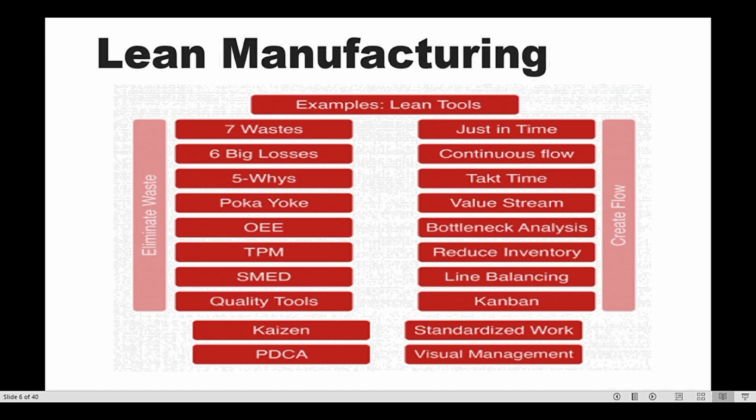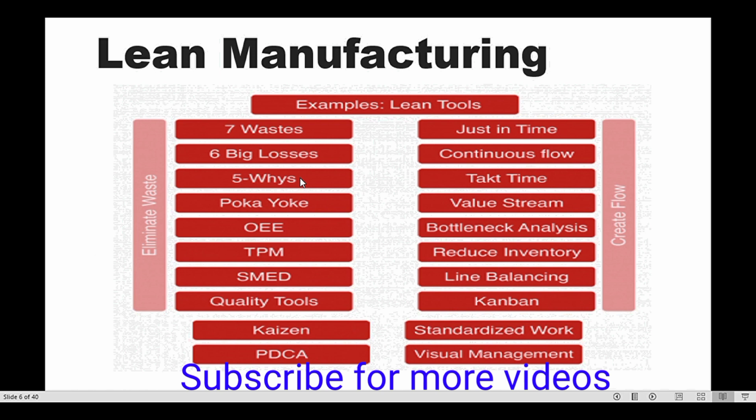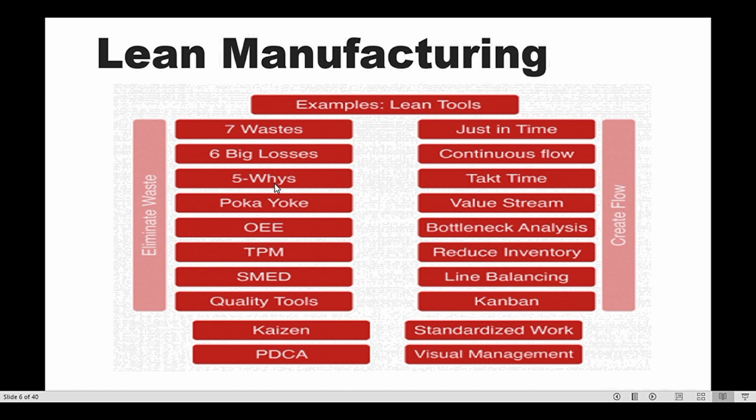Lean manufacturing examples: the seven wastes, six big losses, five whys meaning root cause analysis, Poka-yoke. These are tools: overall equipment effectiveness (OEE), TPM total productive maintenance, and SMED.